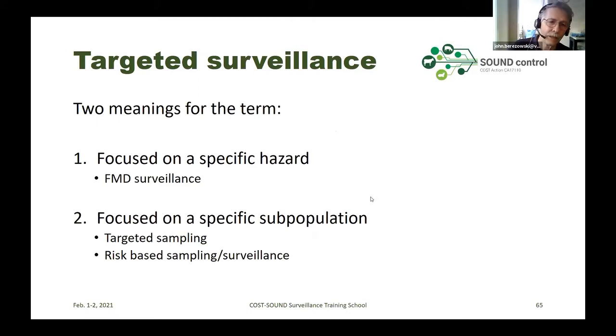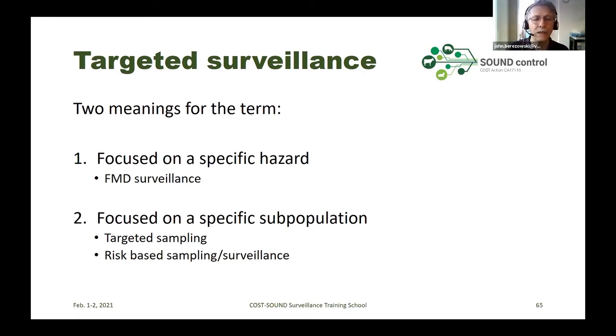Targeted surveillance is an old term that was around for a long time before risk-based surveillance and risk-based sampling was around. Now it's considered part of risk-based sampling and surveillance. You'll see this term used in lots of places. It generally has two meanings. One, it focuses on a specific hazard, so we target foot and mouth disease for surveillance.